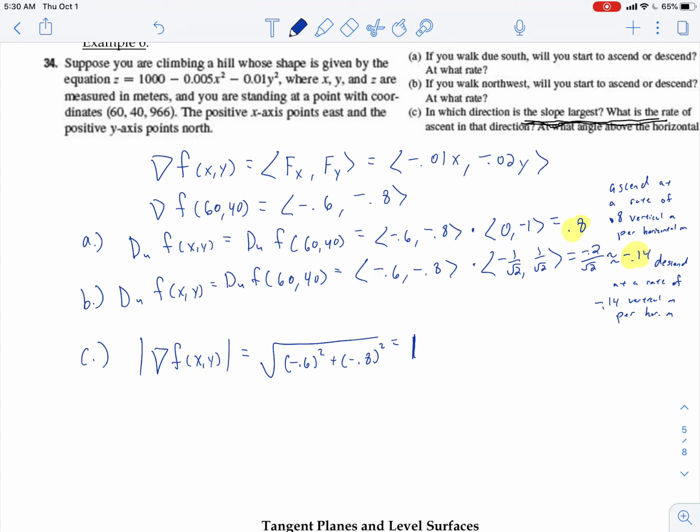And now we want to find the direction. The direction, the angle above the horizontal in which the path begins, is given by tangent theta is equal to 1. And when we solve for theta, we're going to get 45 degrees. Again, that's the angle above the horizontal in which the path begins.